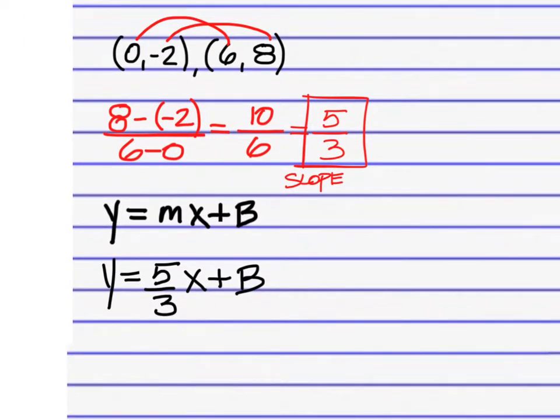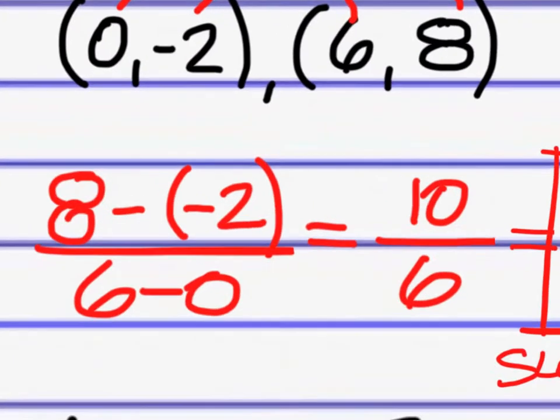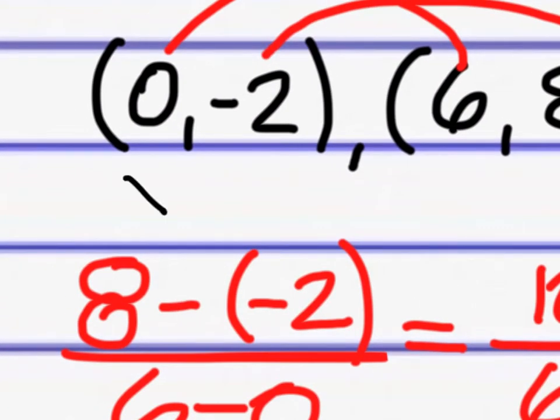Now what do I do with this equation so that I can solve for b? We are going to plug in this point, 0, negative 2, into this equation. Remember that 0, negative 2 is x, y.